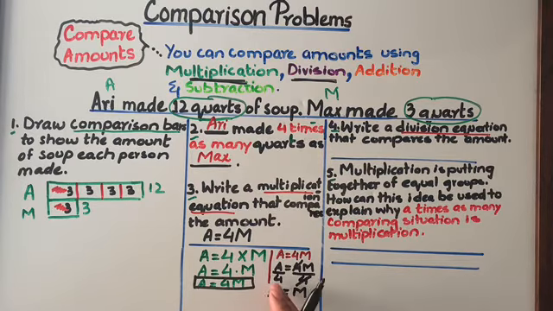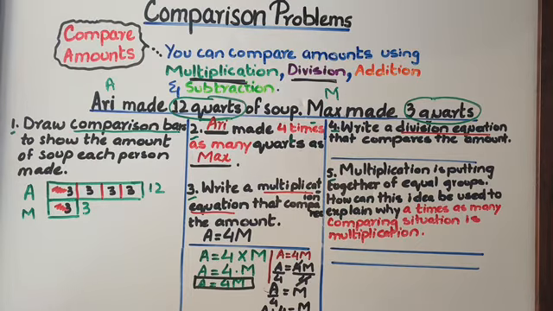So let me clear this. I can rewrite this equation as E divided by 4 equal to m. So this will be my division equation.